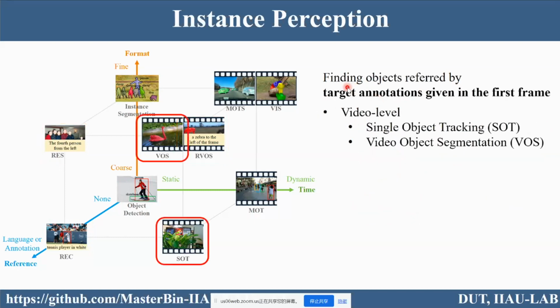The final class aims at finding objects referred by target annotations given in the first frame, including video level tasks, single object tracking, aka SOT, and video object segmentation, aka VOS.